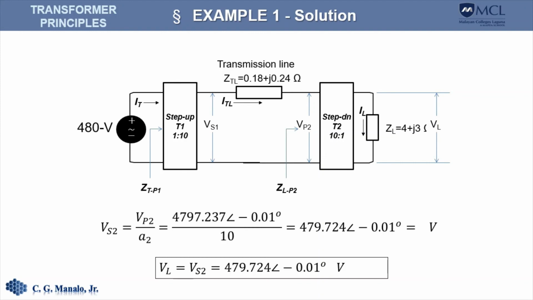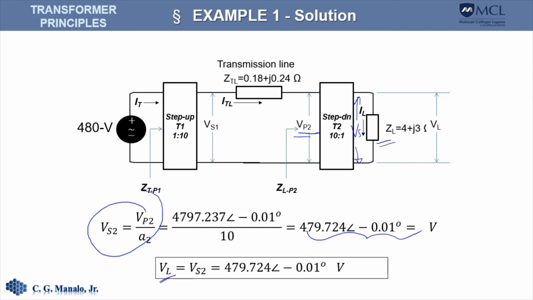Now, going back to the original illustration, now that we know this, we should be able to get the secondary voltage of the second transformer. So this is the secondary voltage here, and we can use this formula to do that, and that should give us this result. Now we know that the load is directly connected to the secondary of the second transformer.